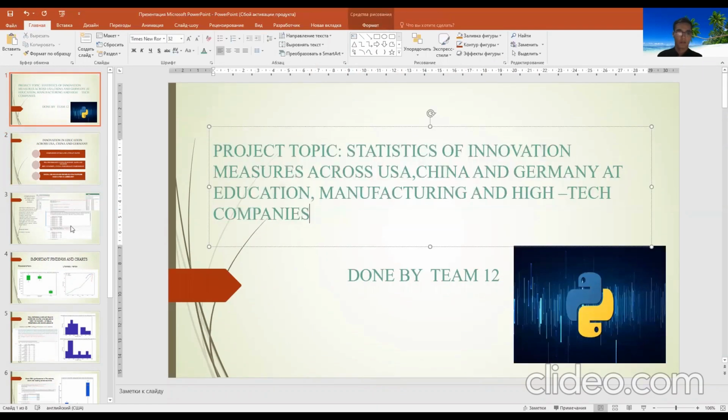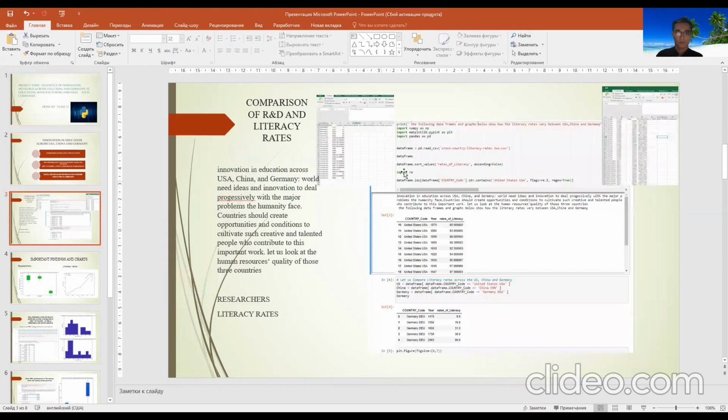You can see. So in the first part of my analysis, I concentrated on the researchers and also literacy rates across countries, because this can evaluate the conditions and opportunities for talented, creative people who can do creative work to solve real world problems.